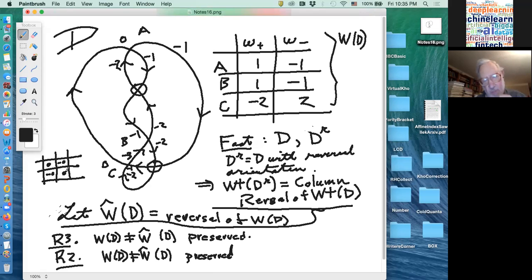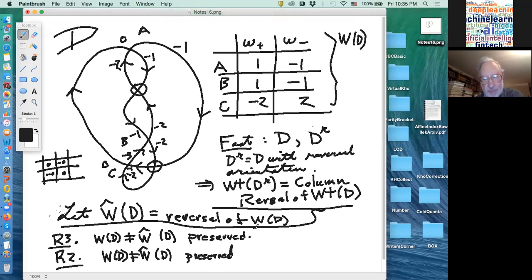That was what you would augment W with, right? So the property of being unequal to the hat is preserved under R2 because these two extra rows are symmetric under hat, and therefore there's no way that they can disturb the asymmetry of the rest.